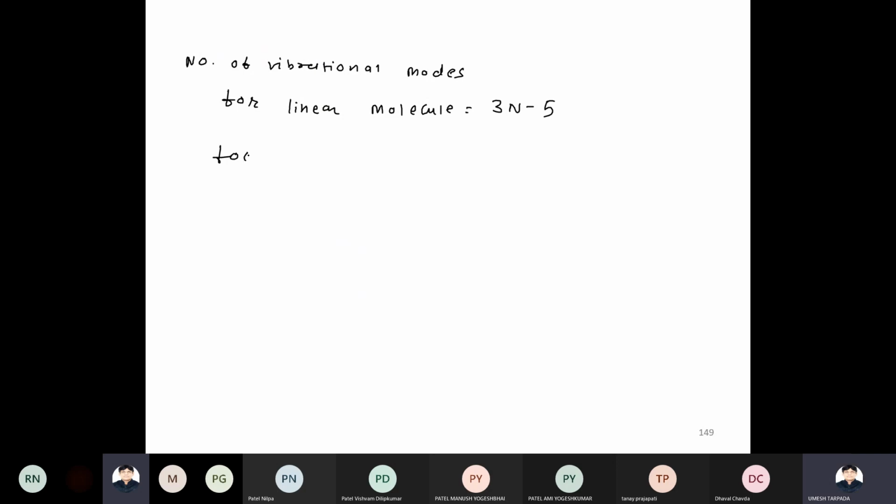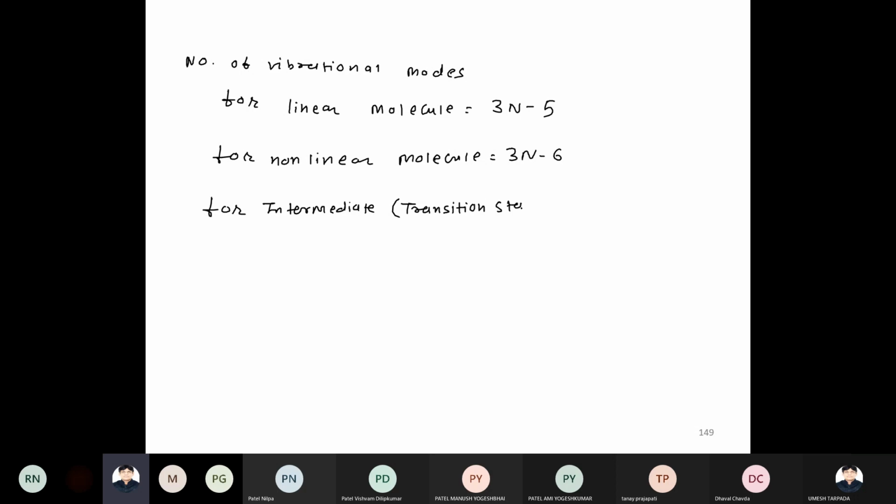For non-linear molecule, this is the formula: 3n minus 6. For intermediate or transition state, this is 3n minus 7, where n is equal to number of atoms.